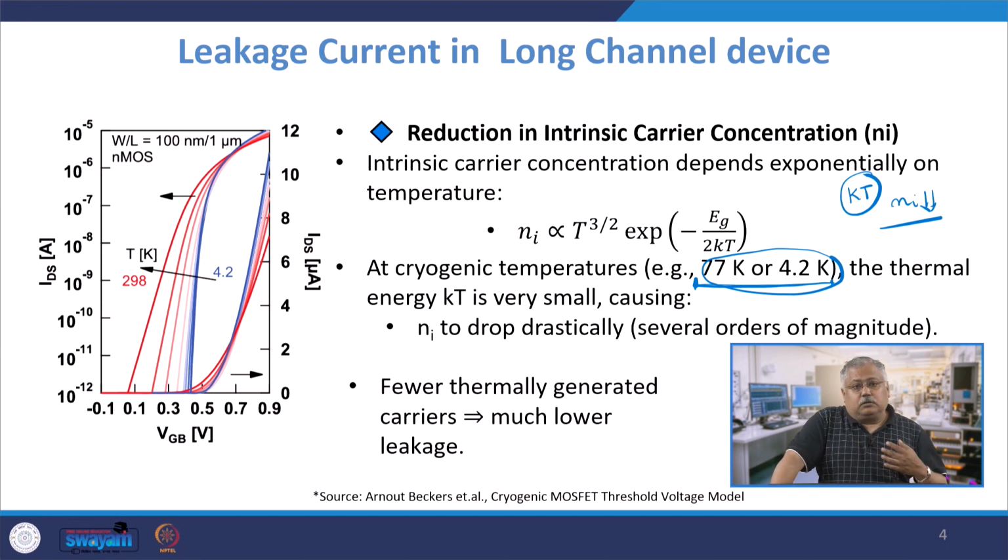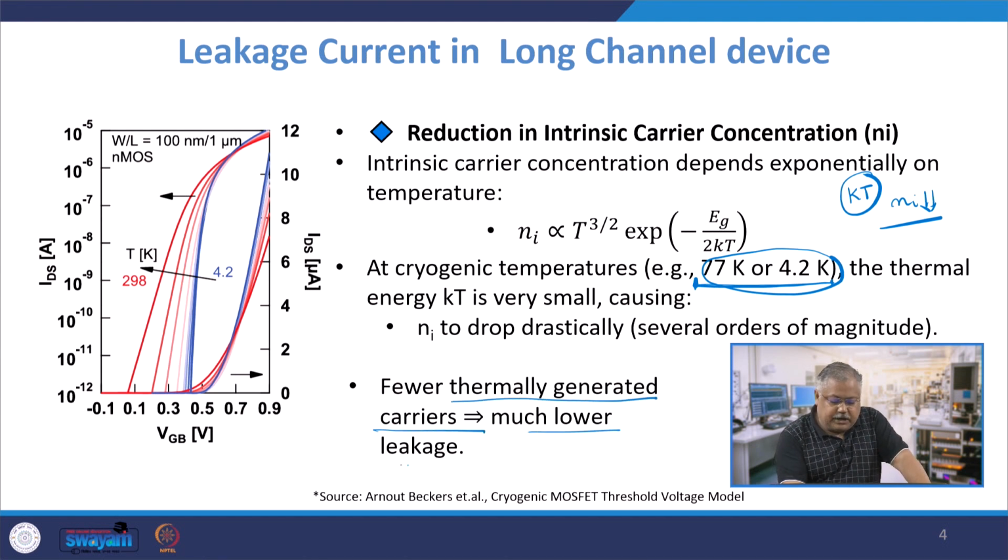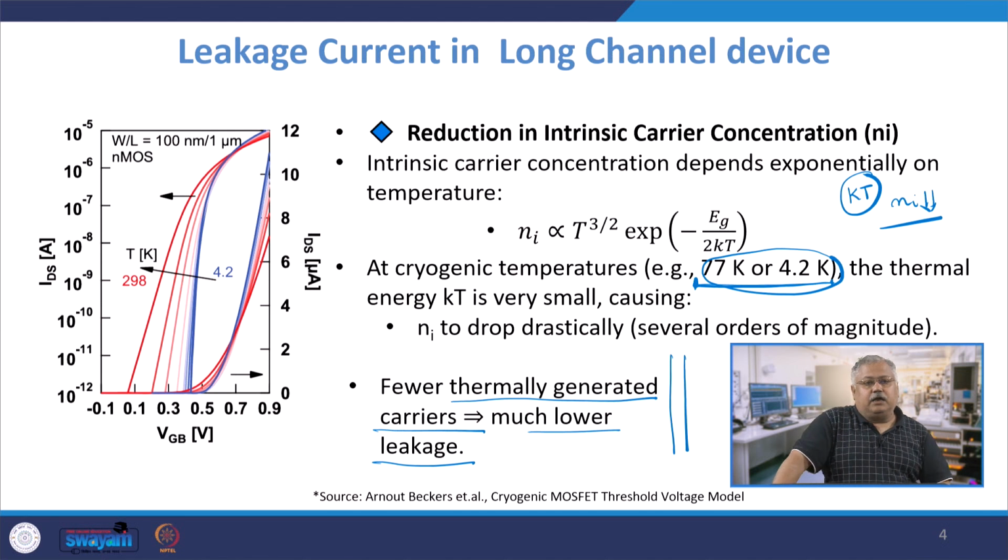The second aspect which you need to understand is that at such low temperature there are very few thermally generated carriers, and therefore this results in a much lower leakage. This is a very important point to note, that the thermally generated carriers are very small in number.